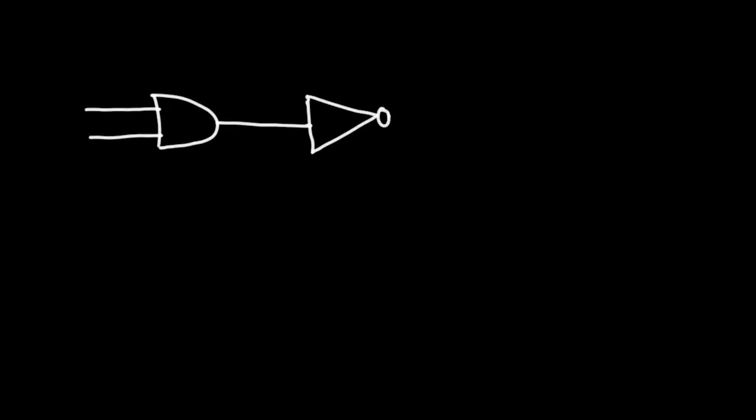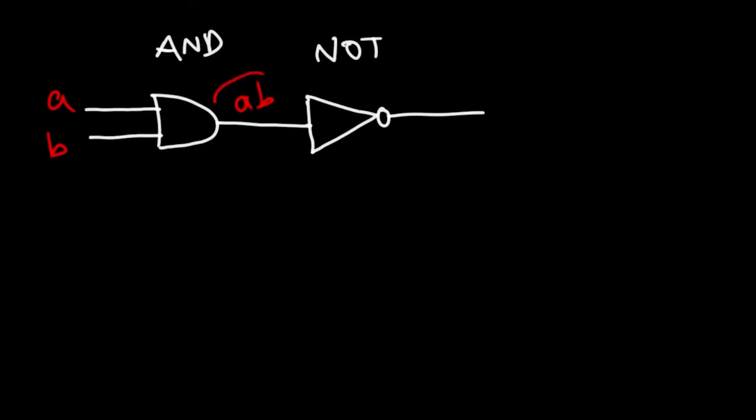Now we could use an AND gate and a NOT gate to construct a NAND gate. So here is the AND gate, and let's put a NOT gate next to it. So let's say this is input A, input B. The output of an AND gate is AB, and once you use a NOT gate, it basically takes the input and gives you the complement of that.